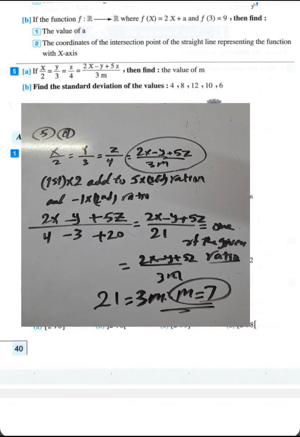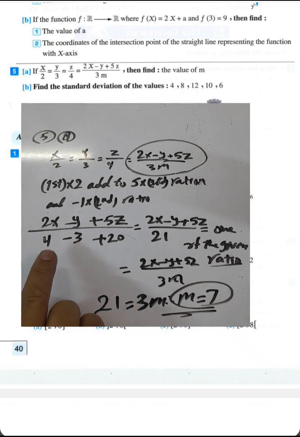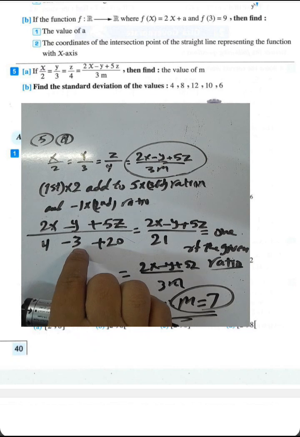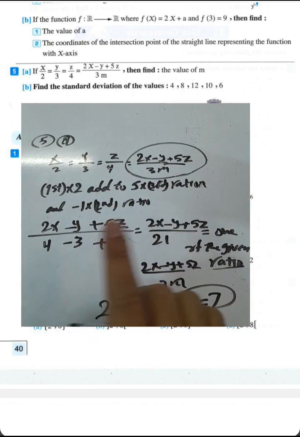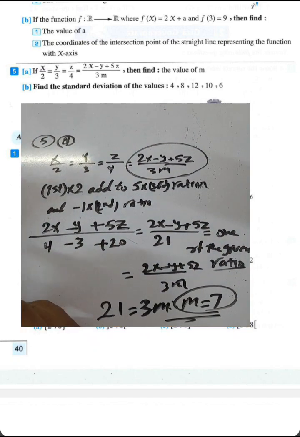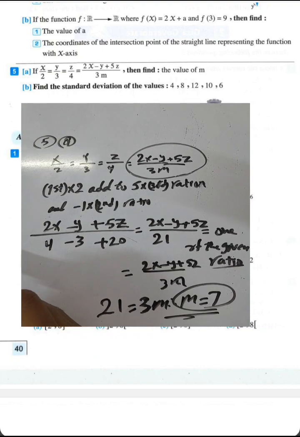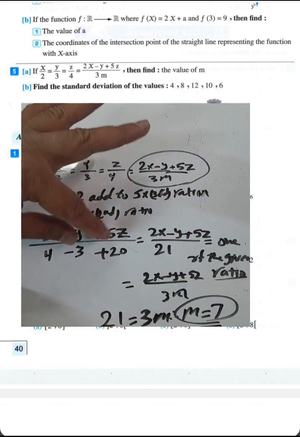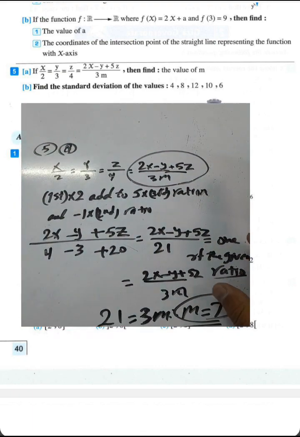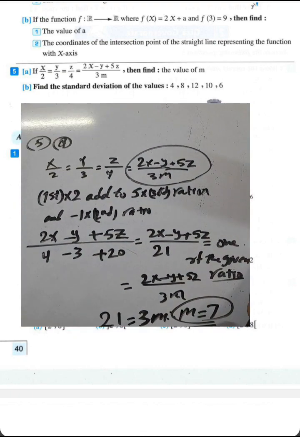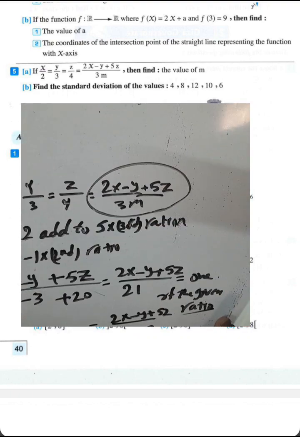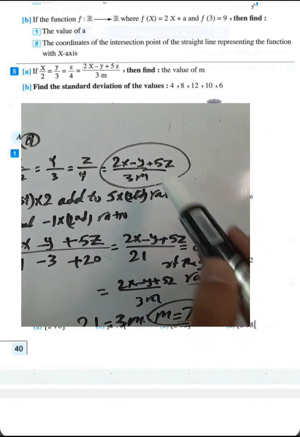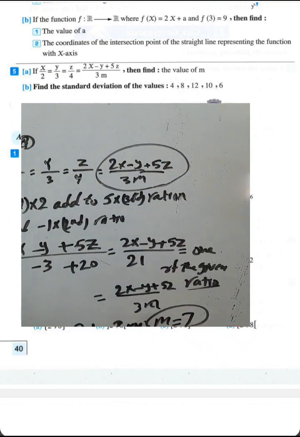Okay, then we multiplied the two terms of the first ratio by 2, the second by -1, and the third by 5, and added the antecedent and consequent of the three ratios. We call it antecedent and consequent. Add them to find the result equal to one of the given ratios, and comparing the result with one of the given ratios, numerator equal numerator, then 3m equal 21, then m equal 7.